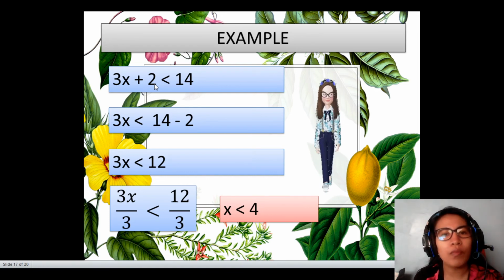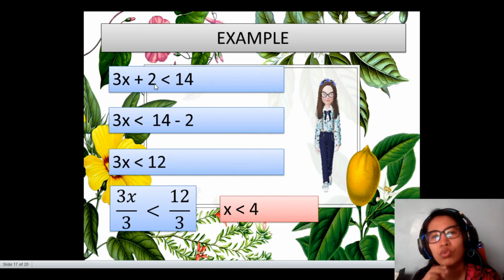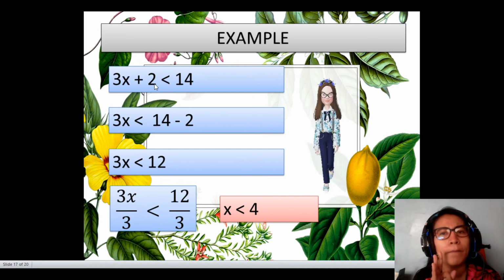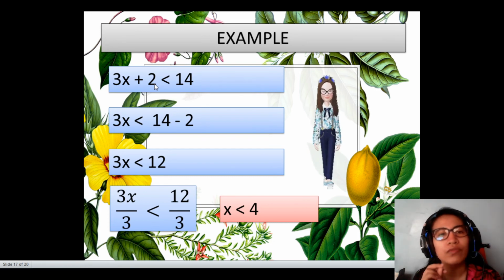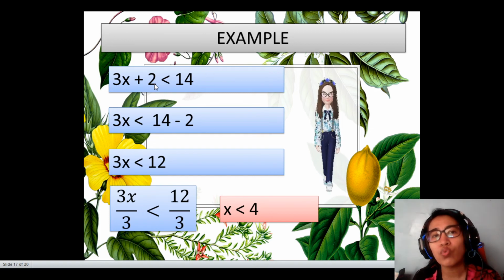And how about if I have 2? I will give you 3 checkings because in your learning task 4B, your last task, you need to give exactly 3 values for the inequality that you solve. If I use 2 for the checking, I have 3 times 2, 6, plus 2, 8.